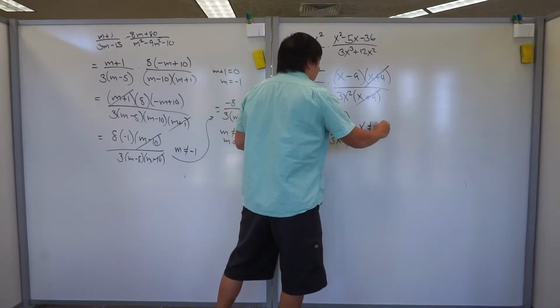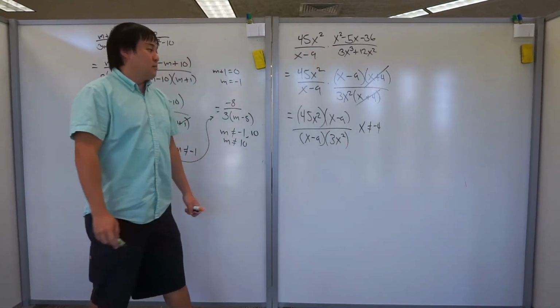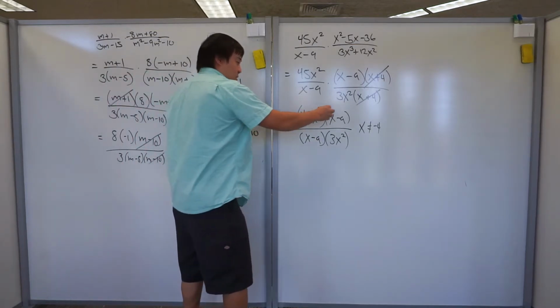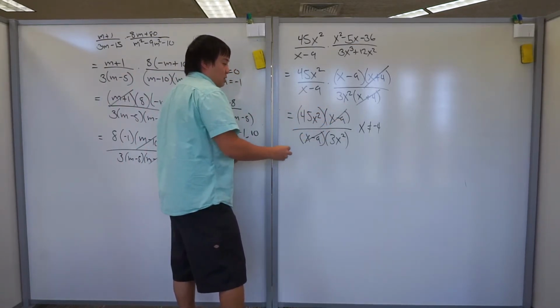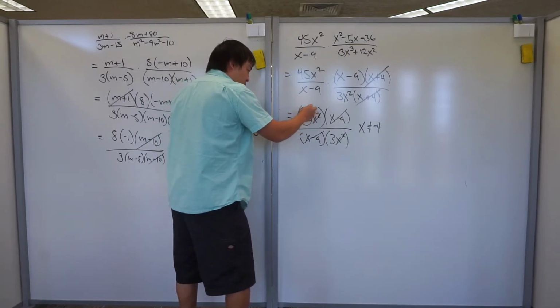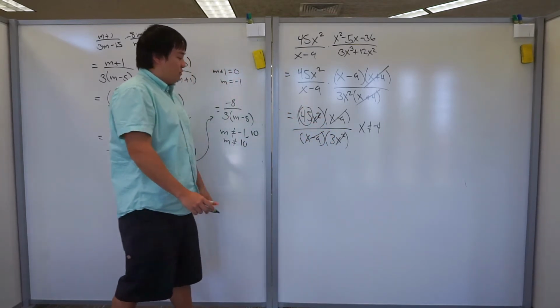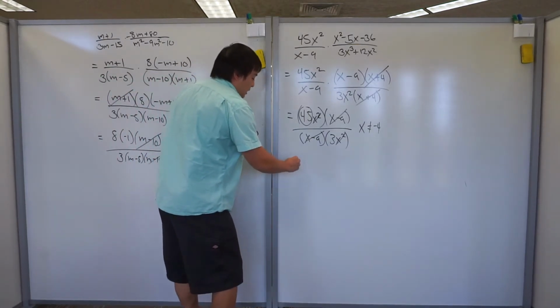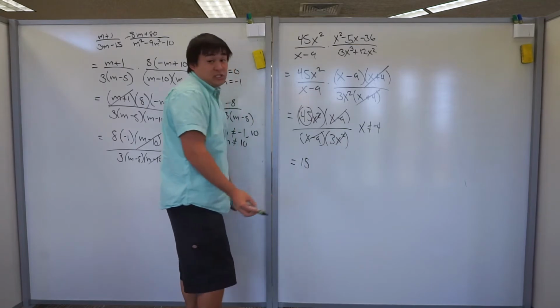X cannot be negative 4. I'll simplify it some more. X minus 9 cancels, x squareds cancel, and this 45 and the 3 simplify as 15. So this is actually equal to just 15.